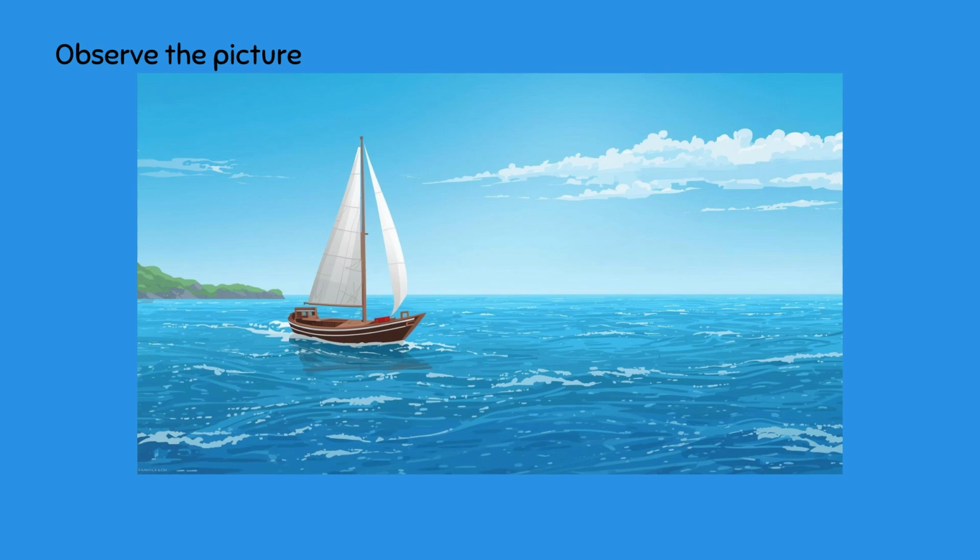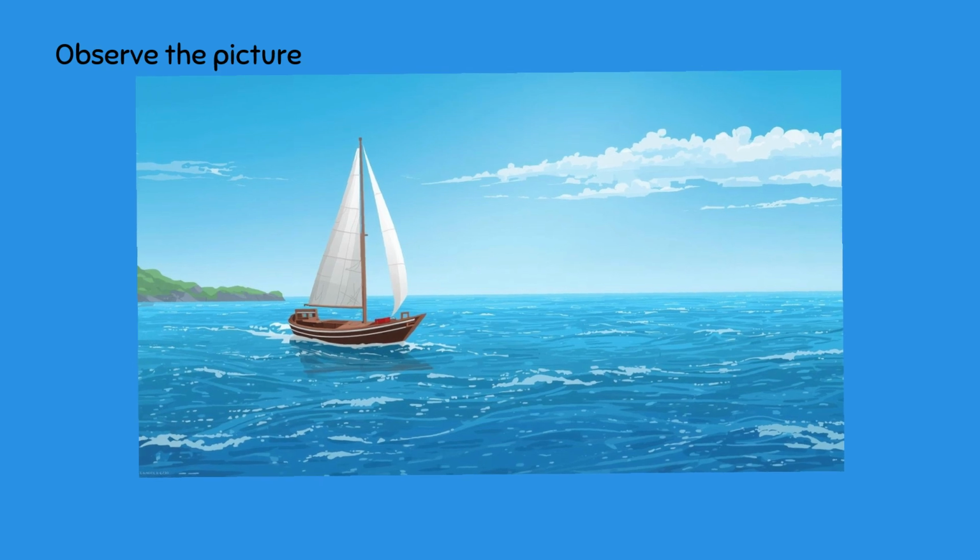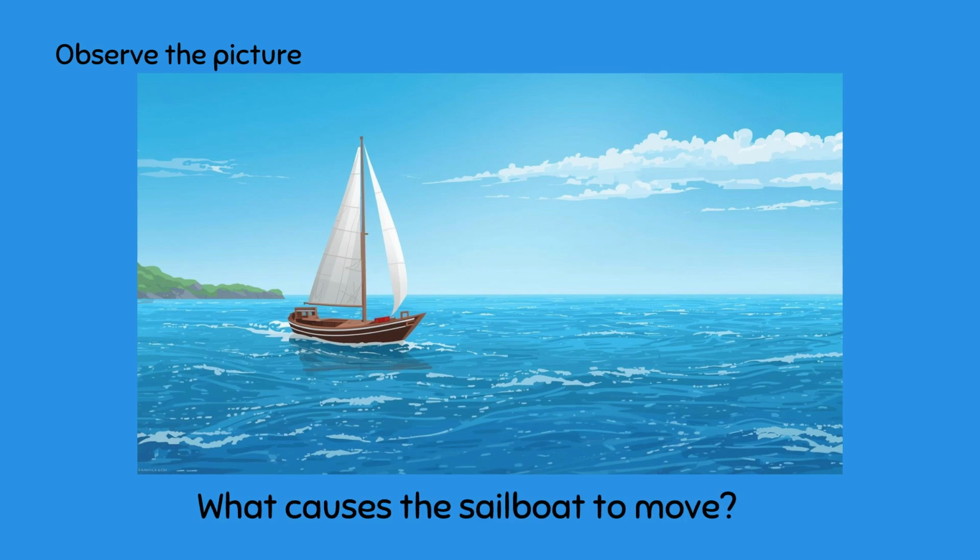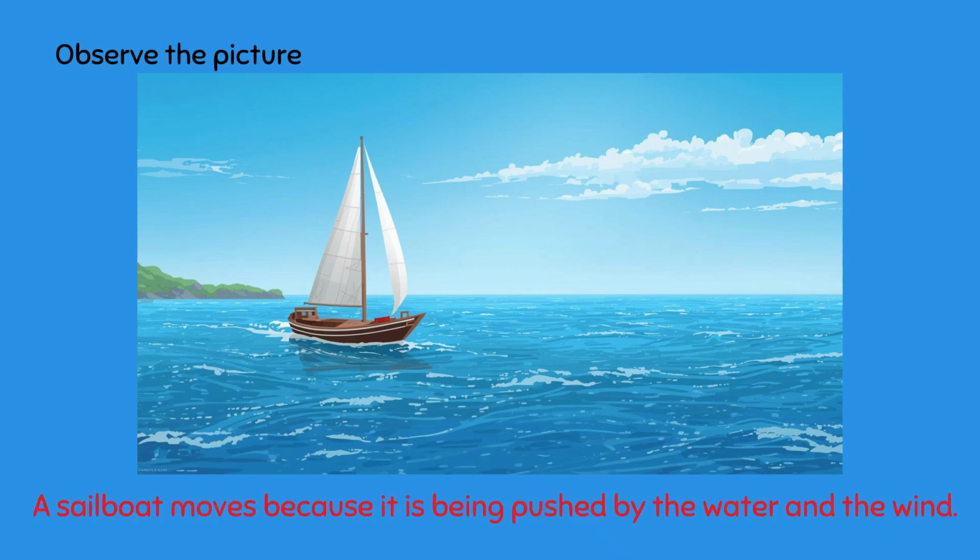Now, observe the picture. What causes the sailboat to move? A sailboat moves because it is being pushed by the water and the wind.